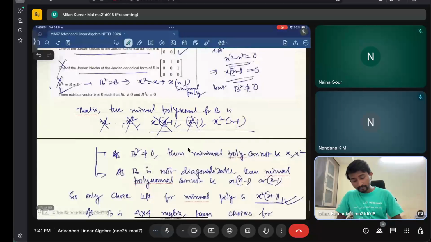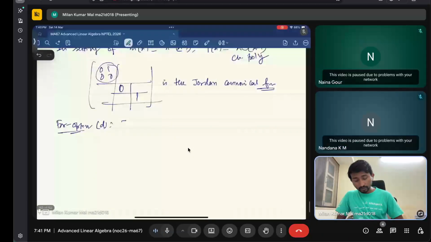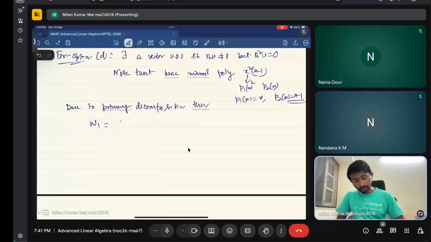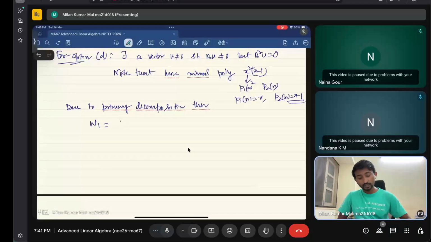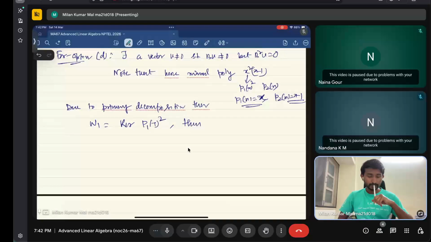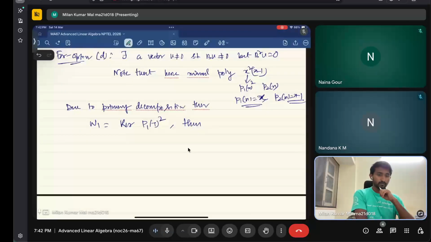primary decomposition theorem, if W1 is equal to the kernel of P1(T) squared, where P1 is x, then x is the eigenvalue, right?